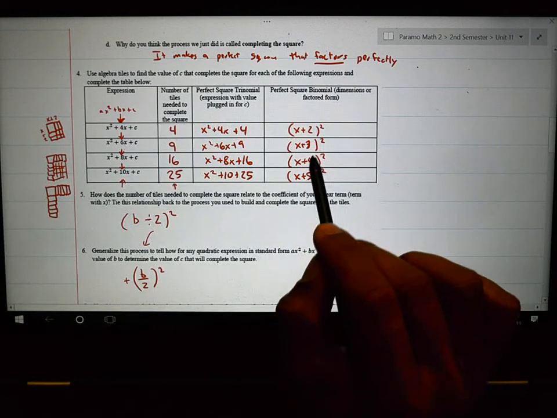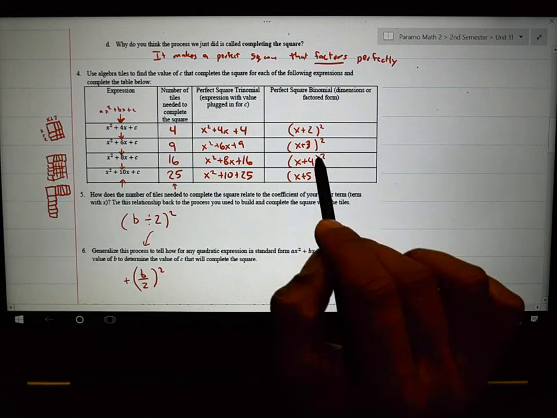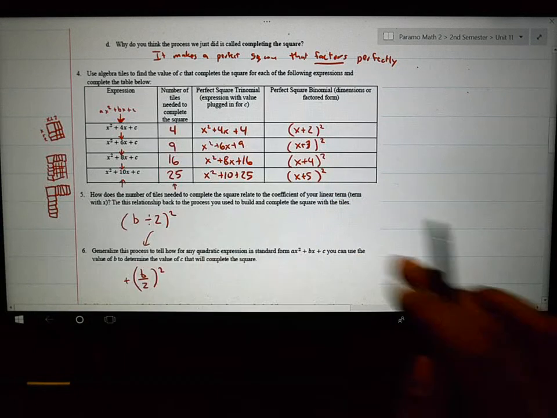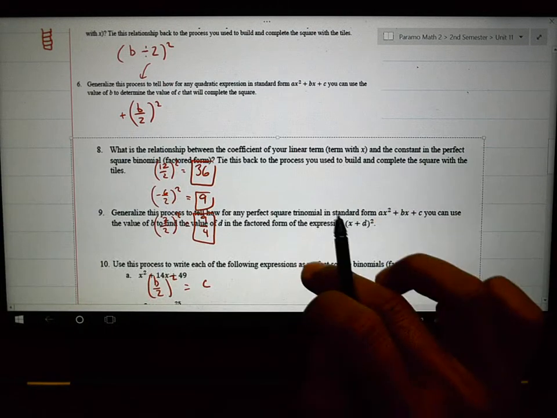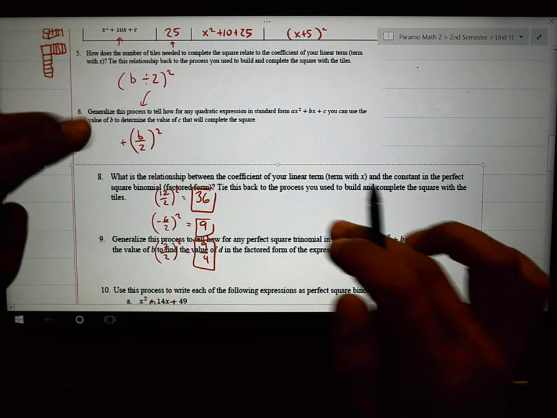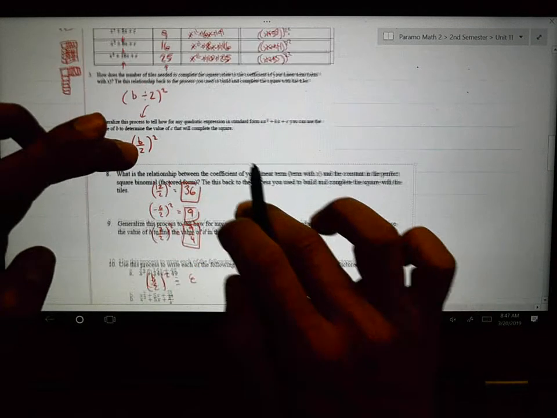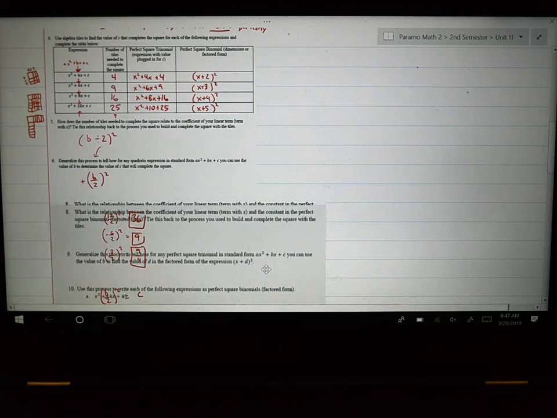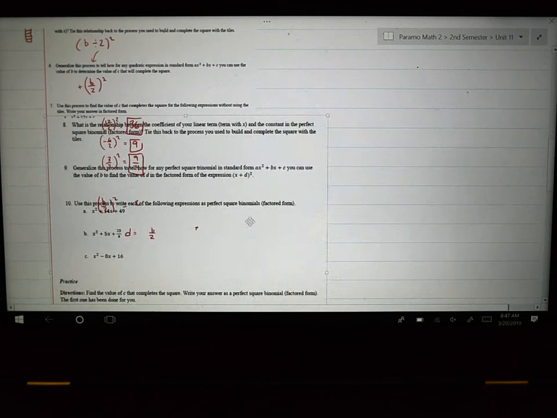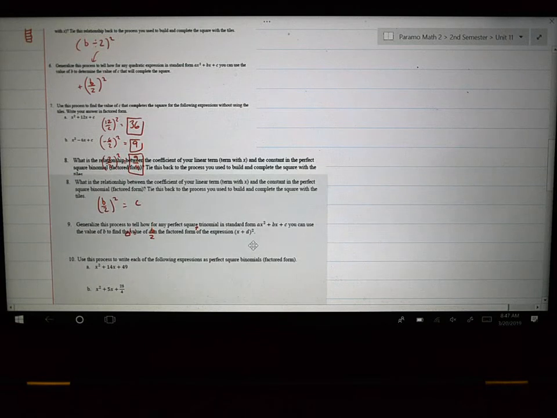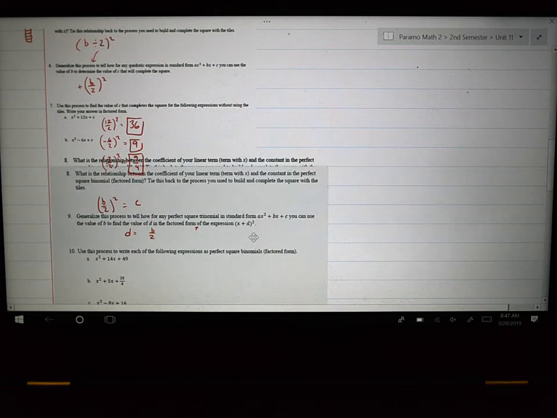The half of 6 was 3. When we're figuring this out, it's just half of B. We don't really have to square it. I did something. Let me figure out what I did. I think I moved that. Yep, I think it goes right there. Okay, that looks right.